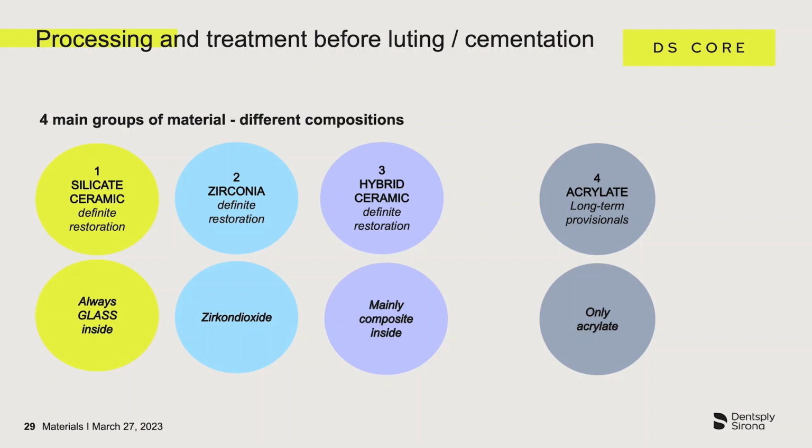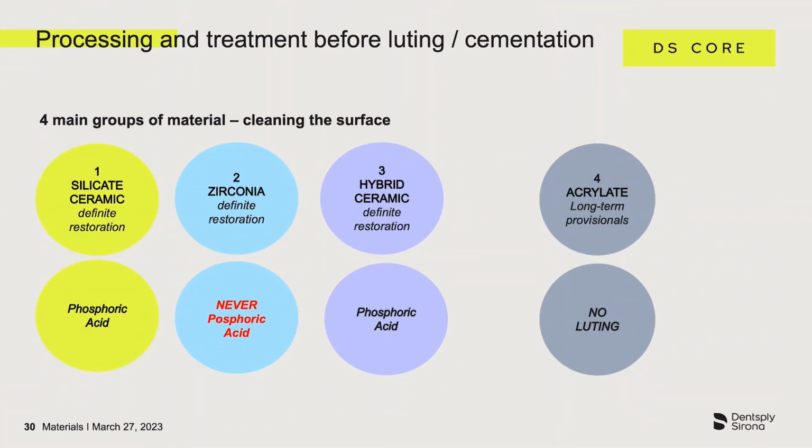Here we actually have a higher proportion of a silicate ceramic, and therefore Vita Enamic is also a true hybrid ceramic. The group of acrylics only contains composite or PMMA materials. Slide 30. The main components of the four different material groups determine the further dental processing.